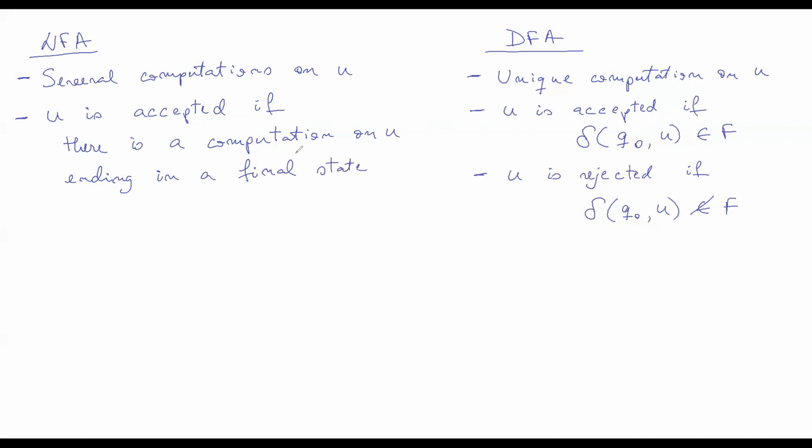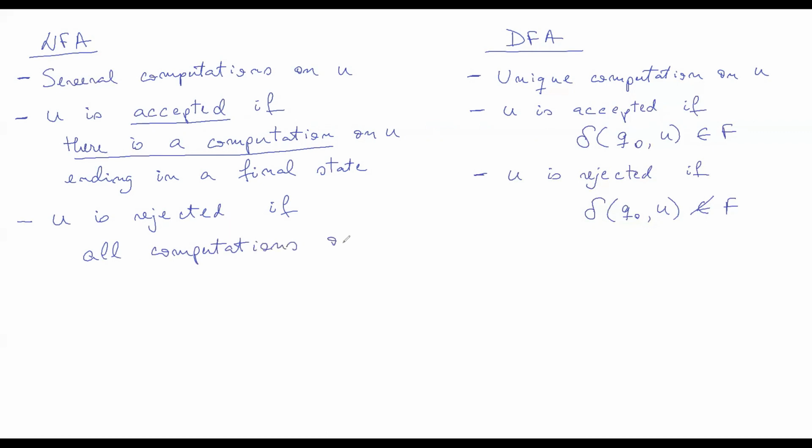So you would say that u is accepted if there is at least one accepting computation. And you will say that u is rejected, so this is the negation of this condition, if all computations on u end in a non-final state.